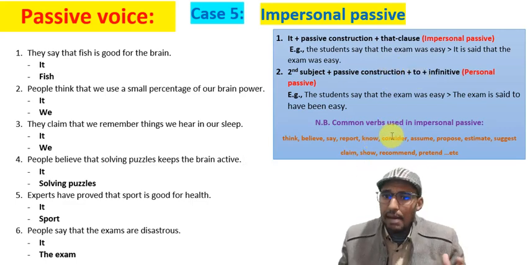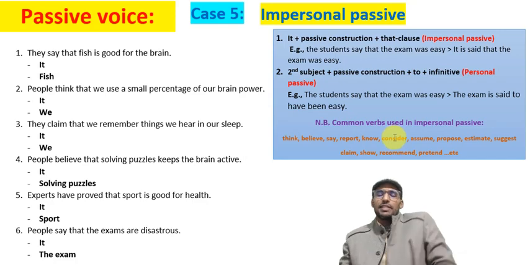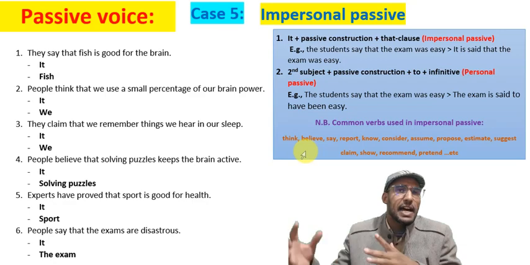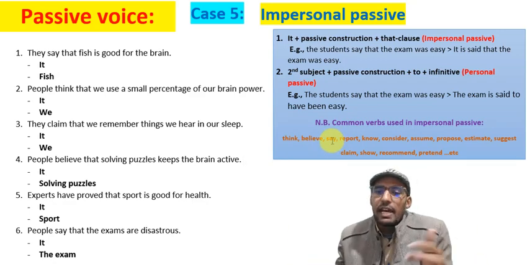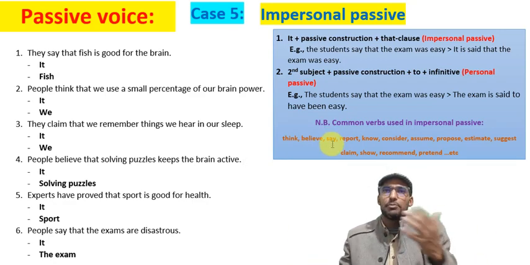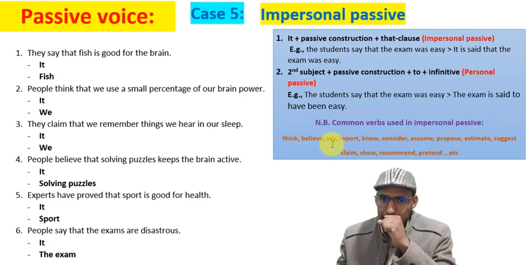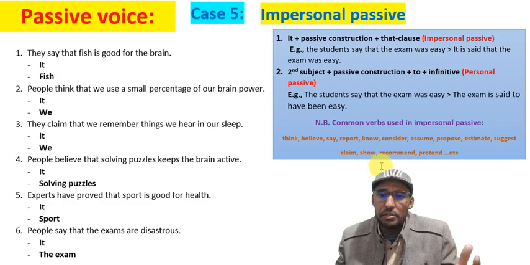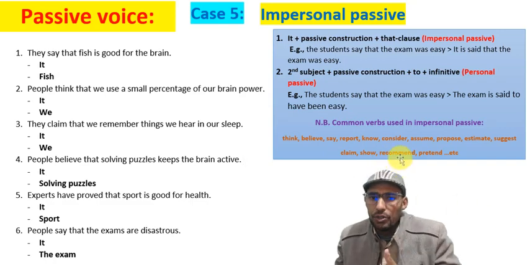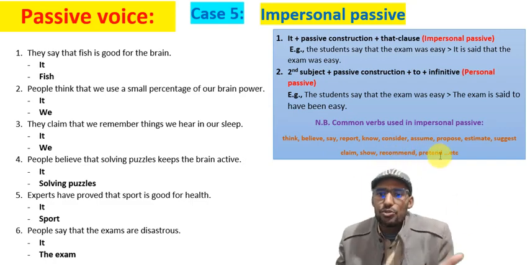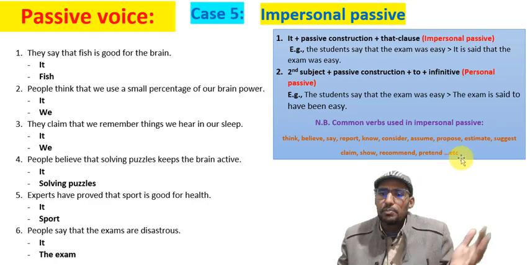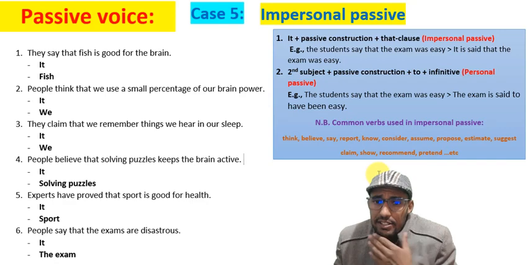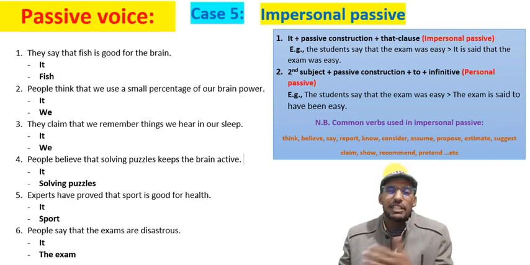Now, these are some common verbs that we use in the impersonal passive. You may have think: people think that, people believe that. You may have say: people say that. These are the most common ones. People report that, or the media report that. Know, consider, assume, propose, estimate, suggest, recommend, pretend, claim.